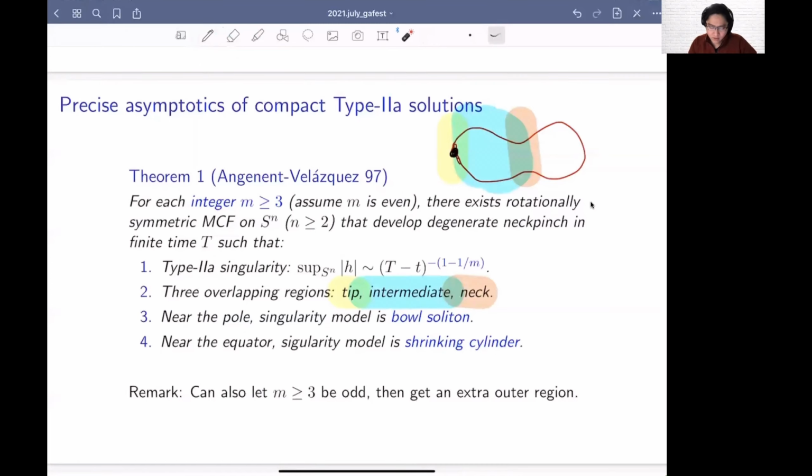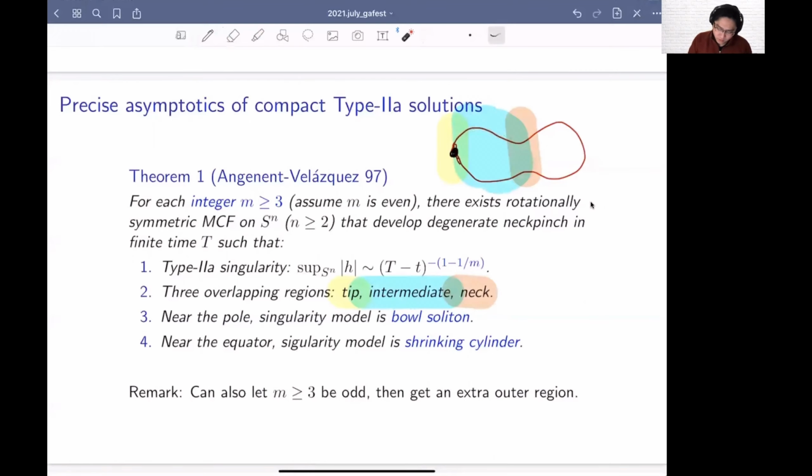We will not do it here, but we just need to know that near the tip region, the geometry looks like a scaled copy of the bowl soliton. Whereas the geometry near the neck region is modeled by the shrinking cylinder. And there is some intermediate profile that connects the bowl soliton to the cylinder soliton. Okay, so this way we end up with a global solution to the mean curvature flow, which develops a type 2 singularity in finite time.